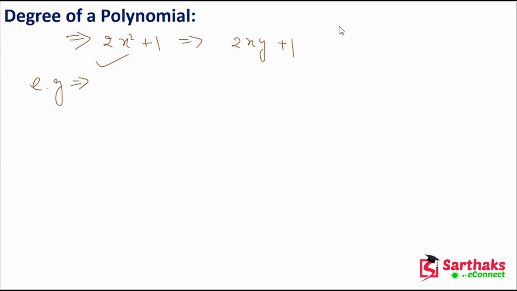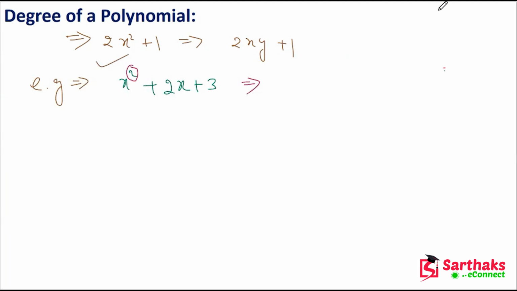For example, we have an expression like x square plus 2x plus 3. This is a polynomial in one variable. The highest power of the exponent is 2. So what is the degree of this polynomial?